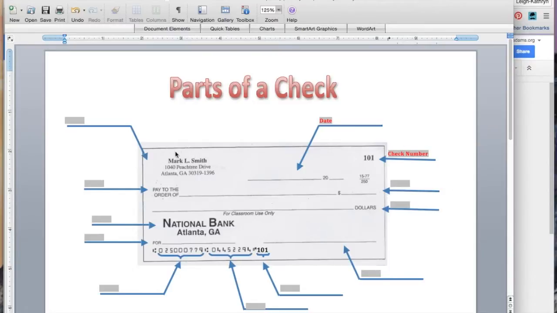All right, over here, this is the person whose bank account this check is going to be written against. It's whose account the money is going to come out of. While we don't say Mark L. Smith, we call this person the payer. They're paying the bill. Underneath, this would typically have name, street address, city, state, and zip.